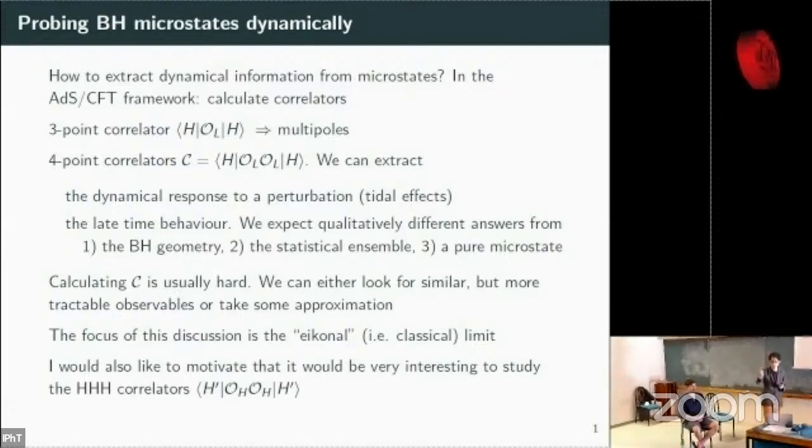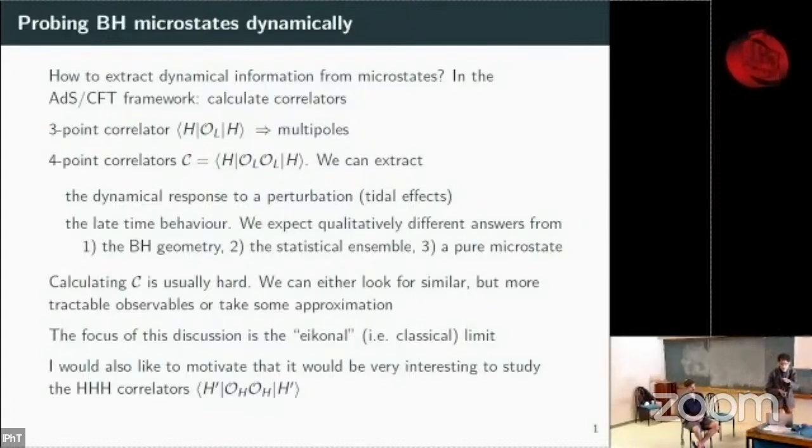And that response is basically this 4-point correlation. There is actually a lot of dynamical information hidden here. You can think about this response as a kind of tidal perturbation, right? So you kick your system and then you want to see how it responds.